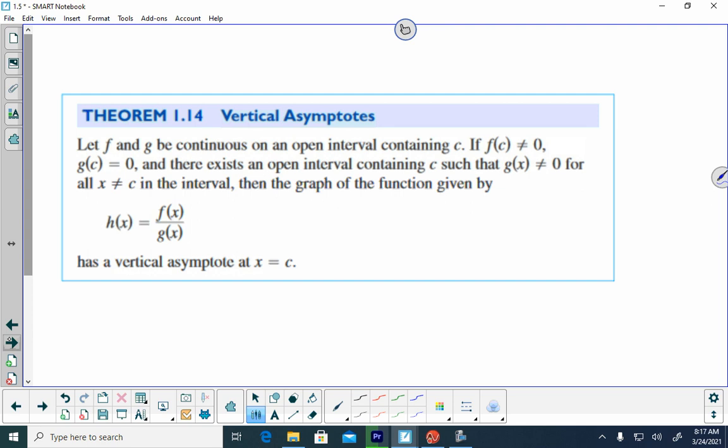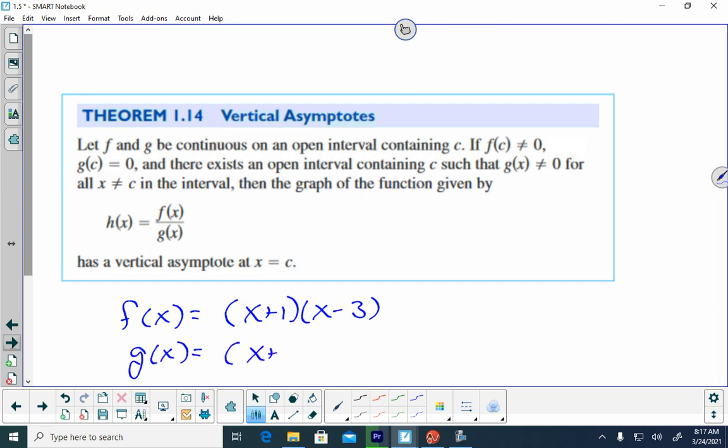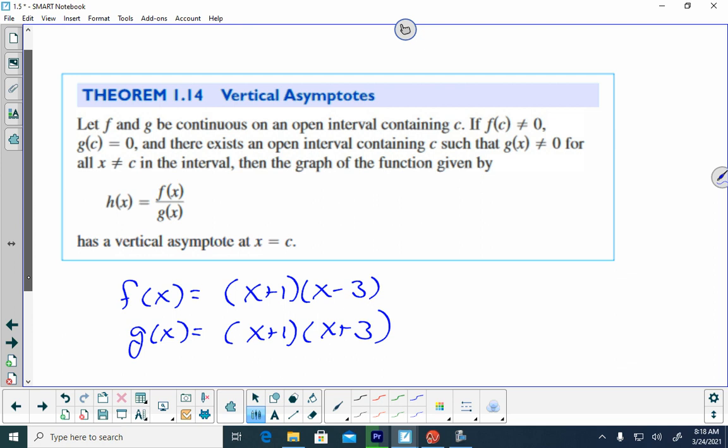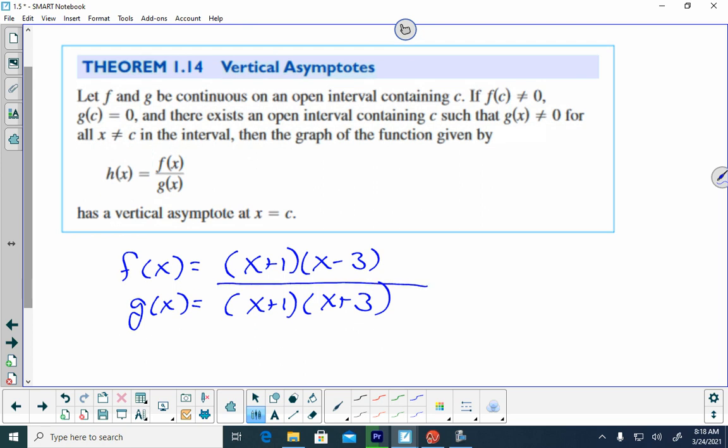But what it's saying is, let's say f of x is equal to, we're going to factor it for you, x plus 1 times x minus 3, and let's say g of x is equal to x plus 1 times x plus 3. All right, we'll go with that. So what this is saying is that if I have f of x divided by g of x, and f of x is not equal to 0.